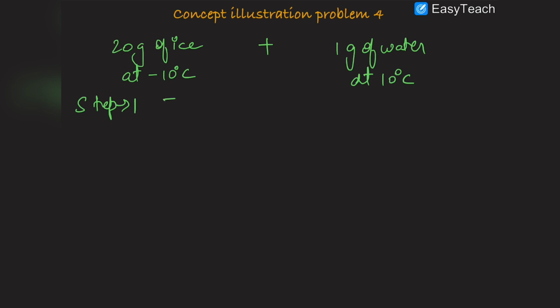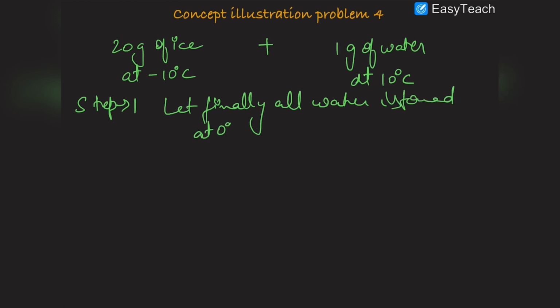Let finally all water be formed at 0 degrees Celsius. So ice will be coming from minus 10 degrees Celsius to 0 degrees Celsius water, and water will be coming from 10 degrees Celsius to 0 degrees Celsius.